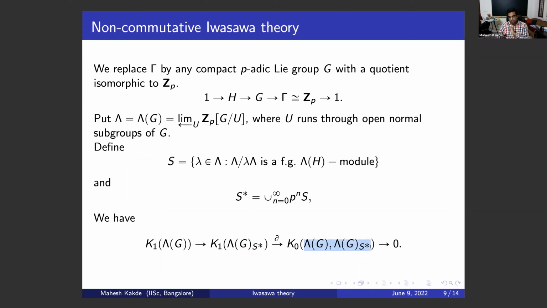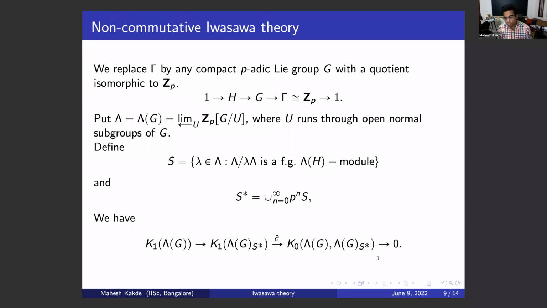And again, this is the Grothendieck group of bounded complexes of finitely generated projective lambda G modules, whose cohomology this time is S star torsion. What that means is that when you extend scalars to lambda G S star, you get something that's acyclic. Okay, so again, you can take complexes in general for non-commutative rings or groups G, which are much bigger than gamma.